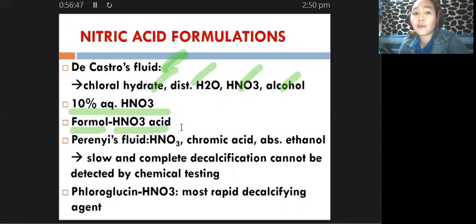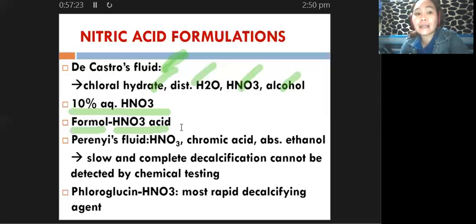Apart from that, complete decalcification using your perennious fluid cannot be detected by the routine chemical testing that we perform in the laboratory. Yes, there is a modification of the chemical testing for complete decalcification for your perennious fluid, which I will be discussing later on at the last portion of decalcification.